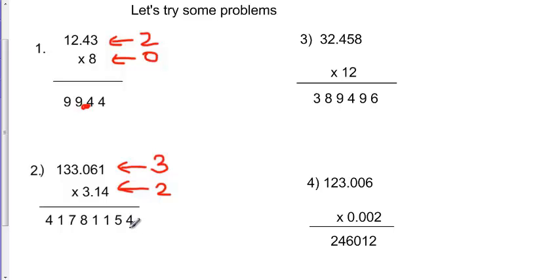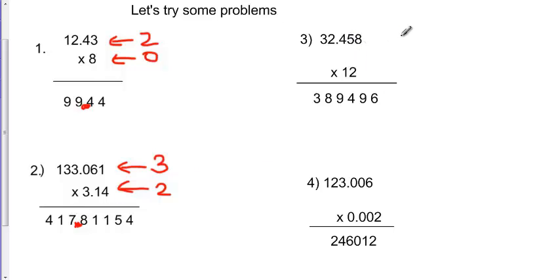So I'm going to go ahead and count from the right again. 1, 2, 3, 4, 5. And that's where I'm going to place my decimal, right there. Again, if I estimate, that would be around 133, or you could even take 130 times 3, 390, 417, close.